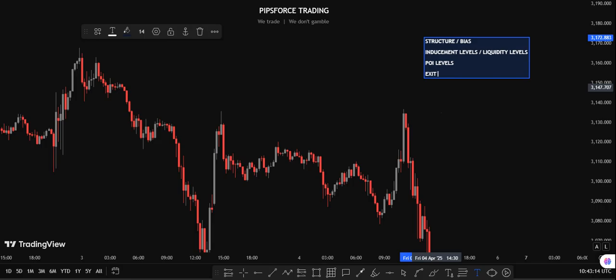And these exit levels can either be your stop loss or your take profit. So your stop loss is where price will get to if you are wrong, once price gets to your point of interest.